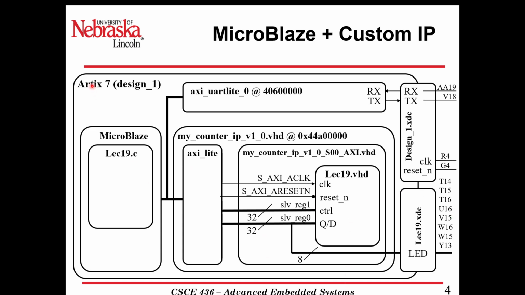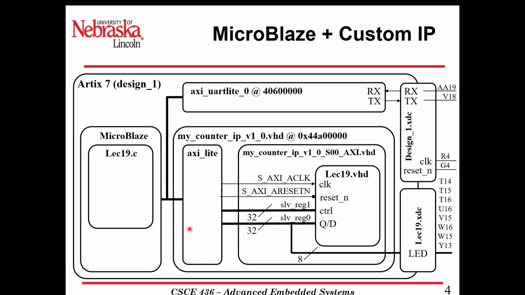On our Arctic 7 design, which we've already learned how to do, we're going to create a block design where we're connecting a MicroBlaze to an AXI bus to the UART light, and then out to the real world through the XDC constraints file.